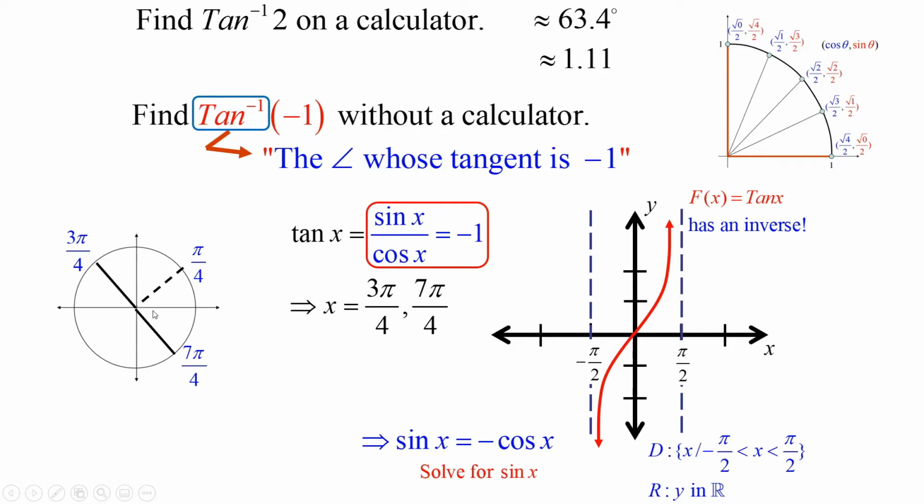But 7 pi over 4 is a coterminal angle for negative pi over 4, and negative pi over 4 is in this window. So I'm going to go x equals, and I'm going to go right there, and that angle is now negative pi over 4. Coterminal angle, 7 pi over 4 and negative pi over 4.